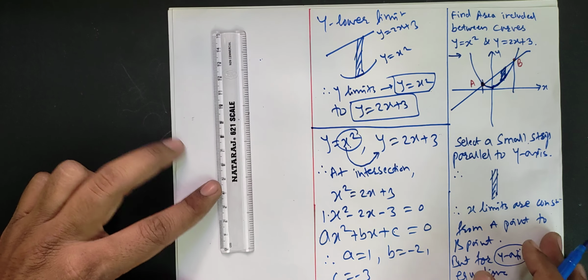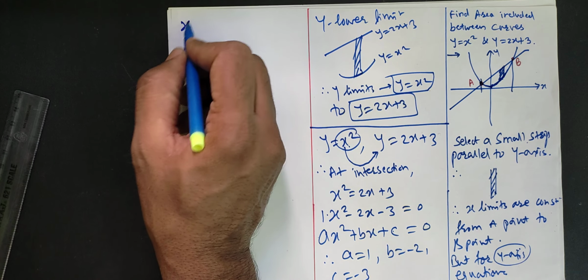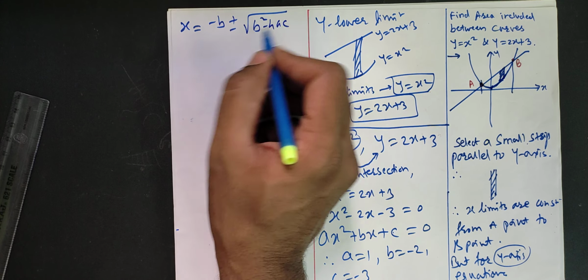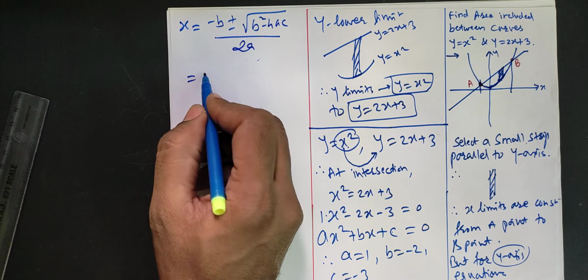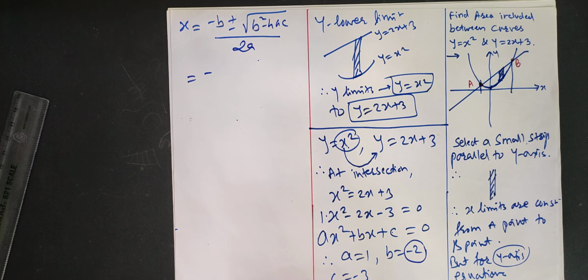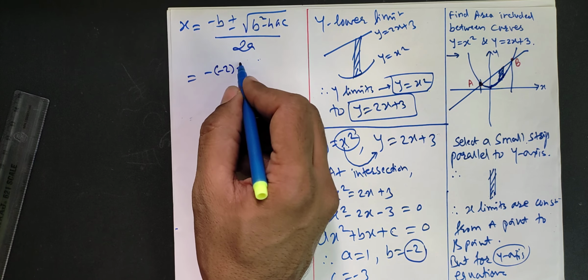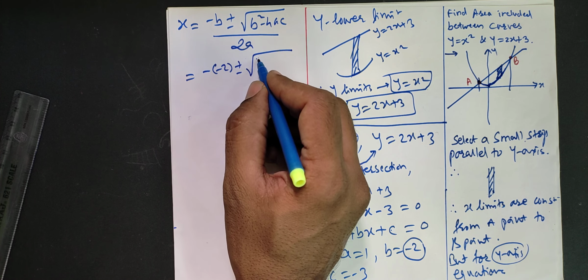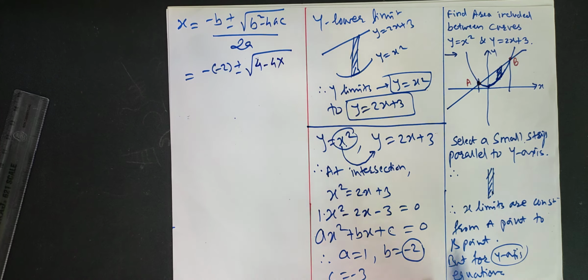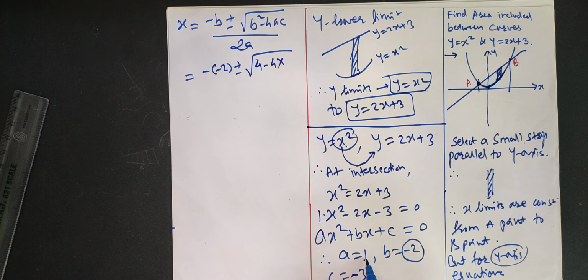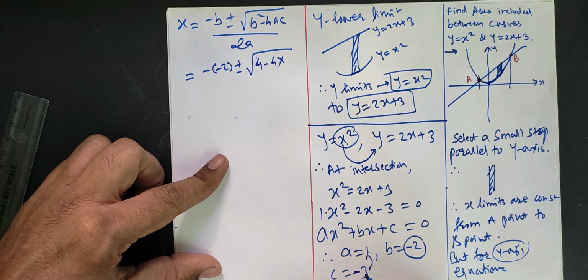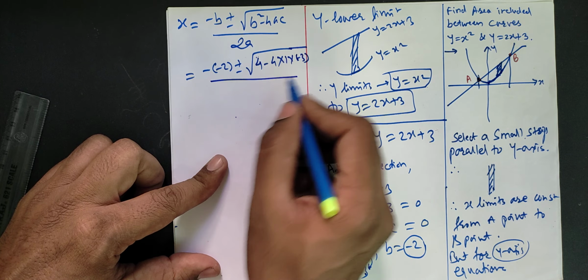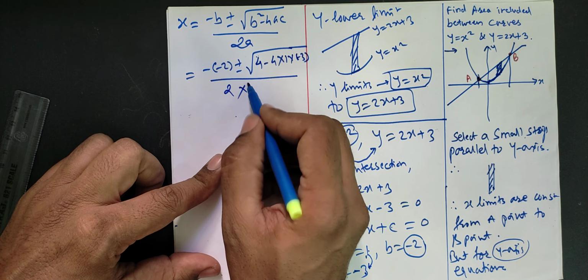Now we know the quadratic roots: x equals minus b plus or minus root of b square minus 4ac, divided by 2a. So minus b, where b is minus 2, so minus of minus 2, plus or minus root of b square, again b is minus 2 and its square is 4, minus 4 times a times c, where a is 1 and c is minus 3, whole divided by 2 times a, which is again 1.